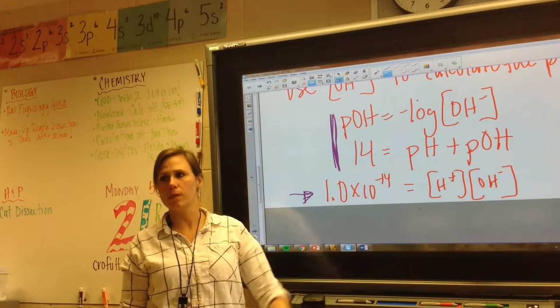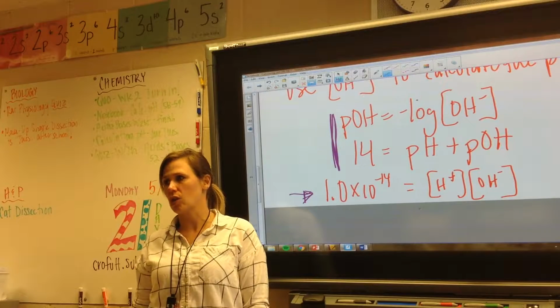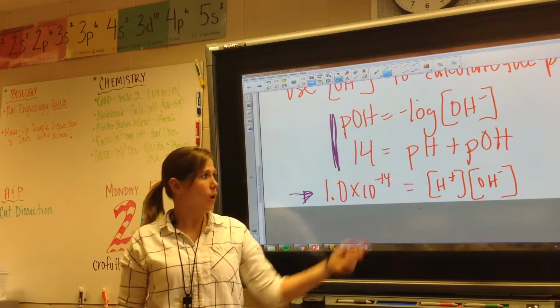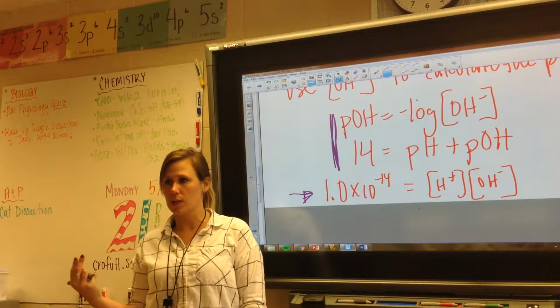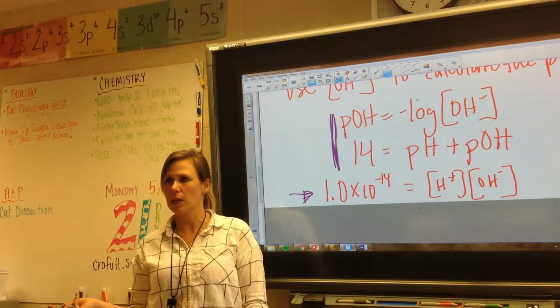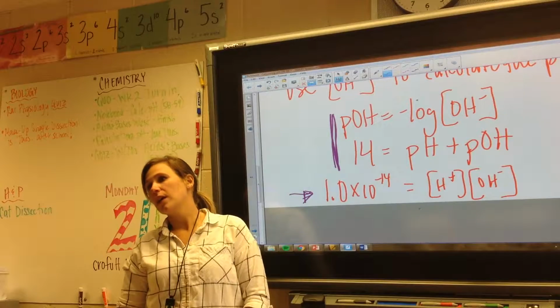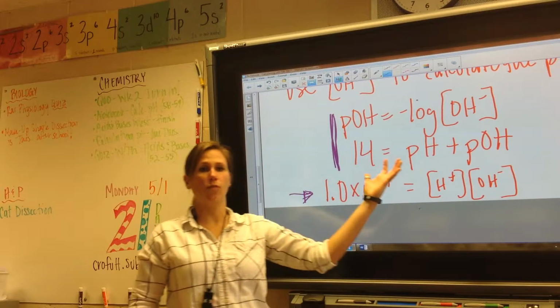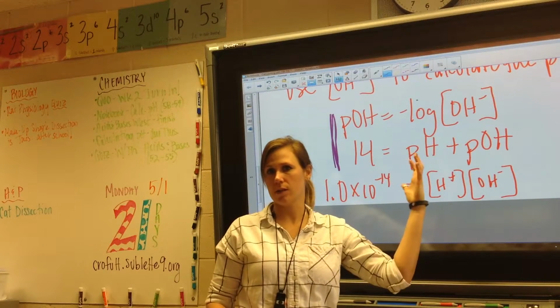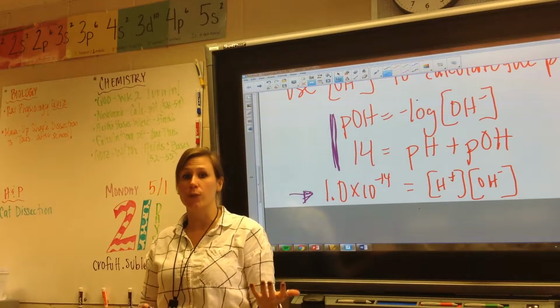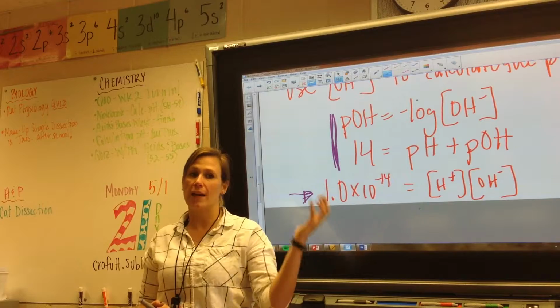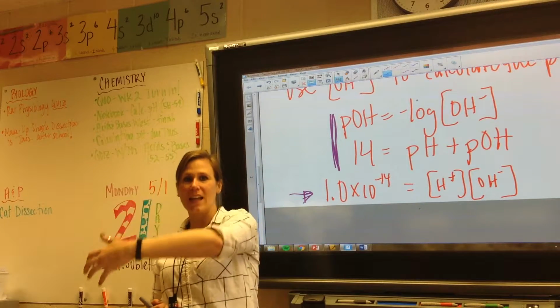You won't have too many problems that give you one concentration and ask for the other. Okay? What you need to remember is that anytime you're dealing with acids or bases, they're aqueous solutions. What does it mean if it's aqueous again, Katie? It's dissolved in water. So you always have water at play in these reactions. Okay? So if you have an acid, remember water is what we call amphoteric. So if you have an acid, that water is going to act like a base.